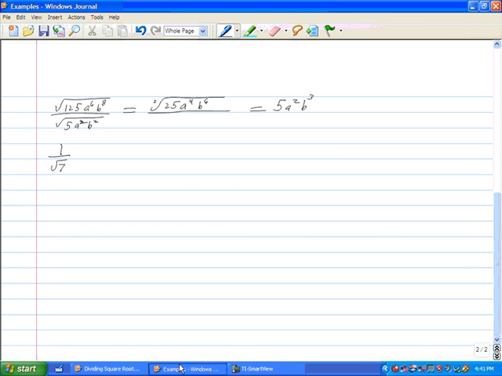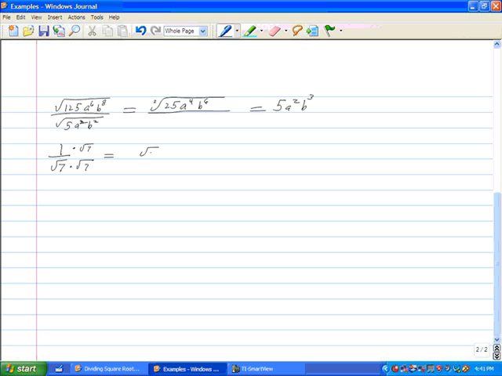And with a square root, what you can actually do, well, with any fraction, you can choose to multiply the top and multiply the bottom by anything you want to reduce a fraction or to raise it to higher terms. Well, since 7 isn't a perfect square, I'm going to multiply by another square root of 7. Again, I have to do it top and bottom because I am working with a fraction.